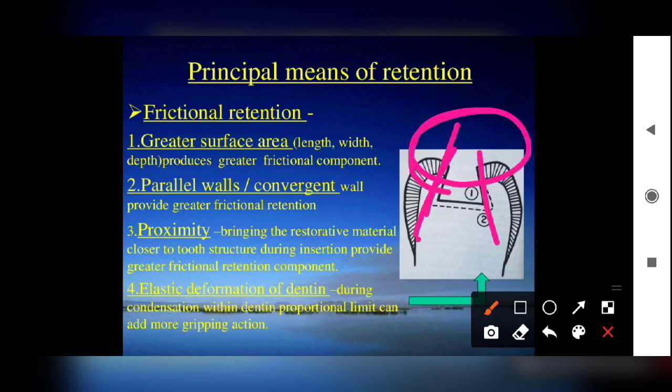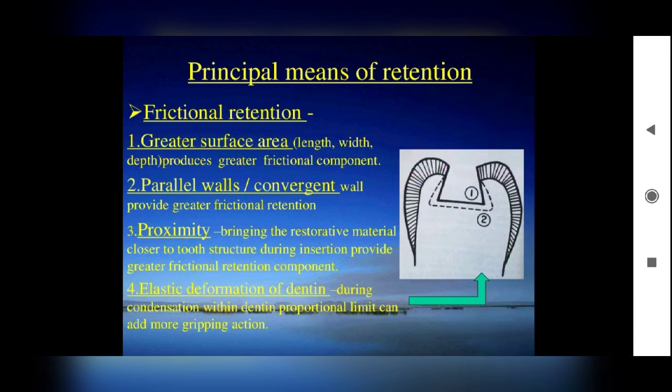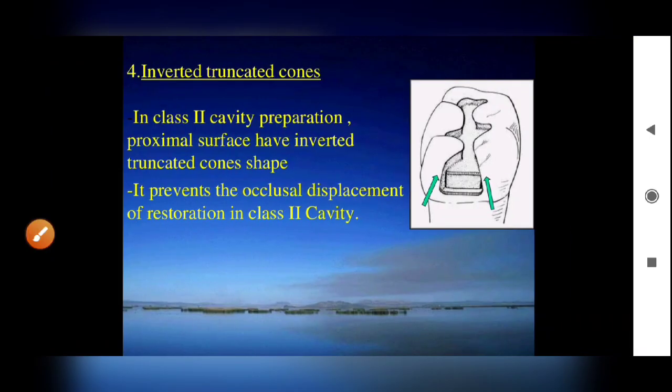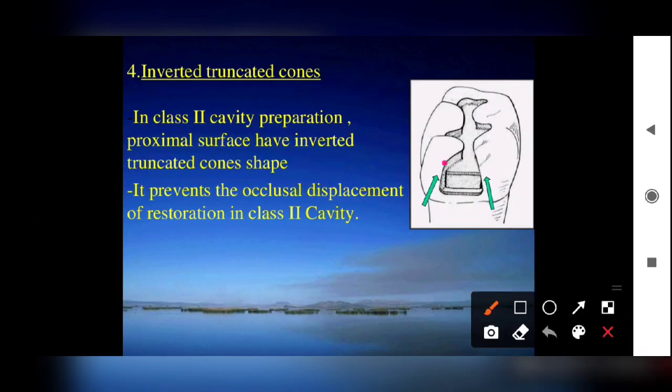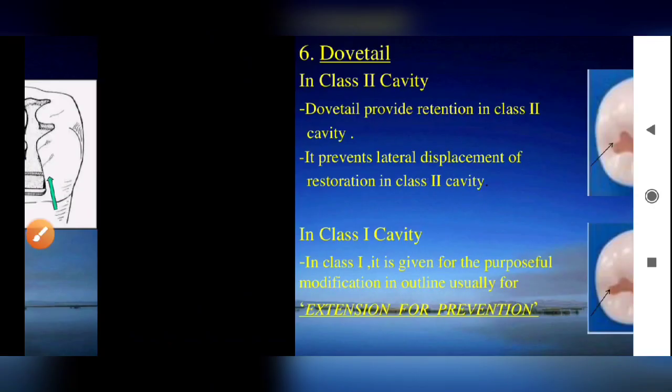Because of the friction, the material would not come outside. There should be elastic deformation of dentine, and inverted truncated cones, like in the class 2 proximal pit, so that it could retain the restoration.